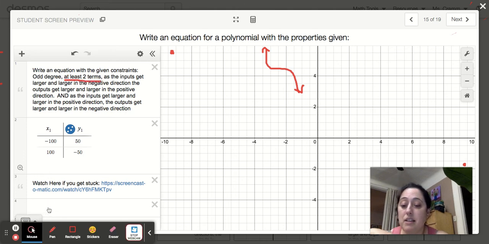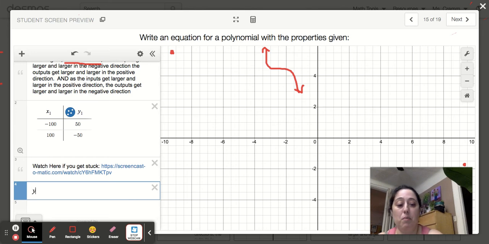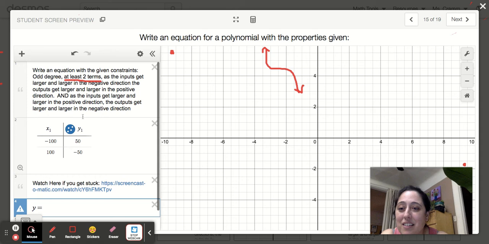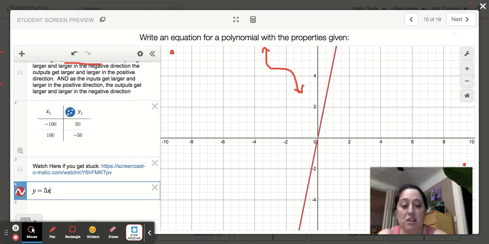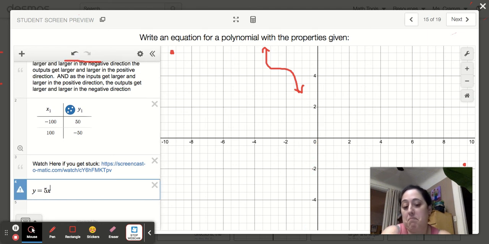So let's get back to this. I have y equals, I know it is going to be an odd degree. Let me say 5x to the 5. Keep the 5s. This coefficient could be any number.